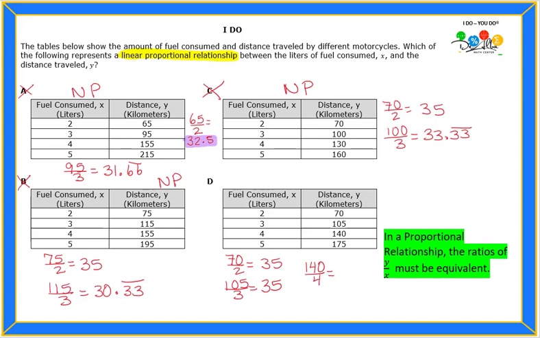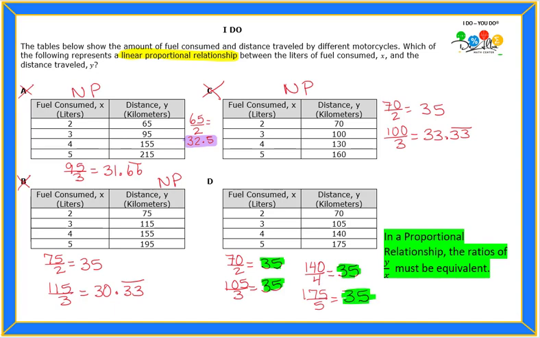What do you get? 35 as well. We are doing good, right? Because now I can see that I'm getting 35, 35, 35. Let's check the last one. The last one is 175 divided by 5, and that gives you 35.